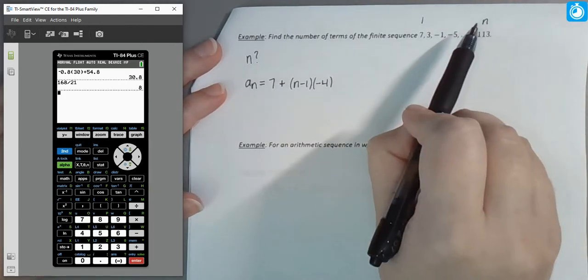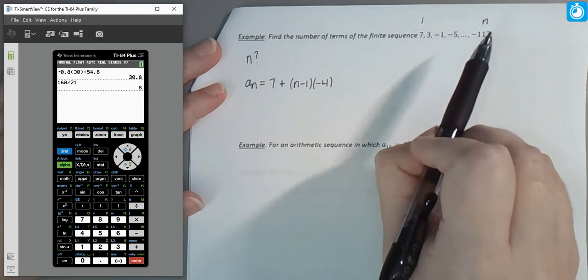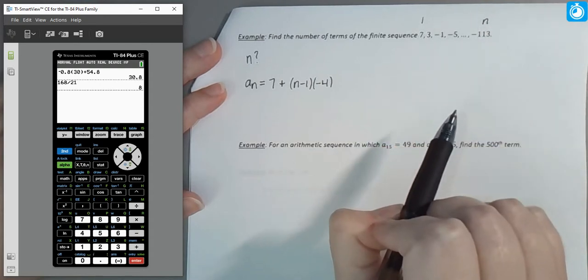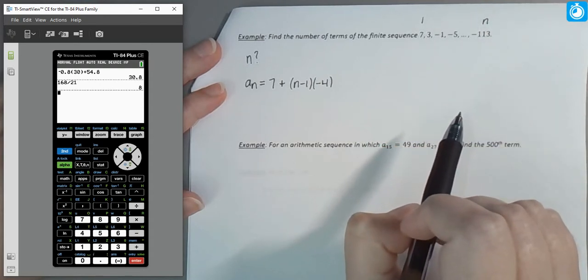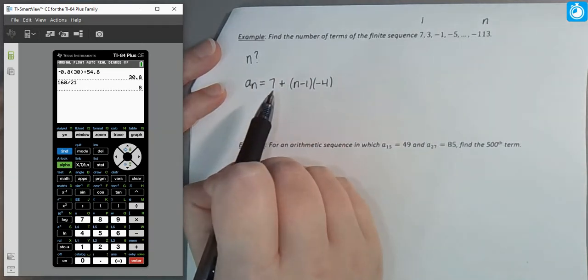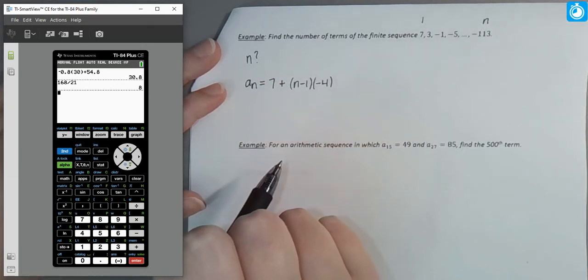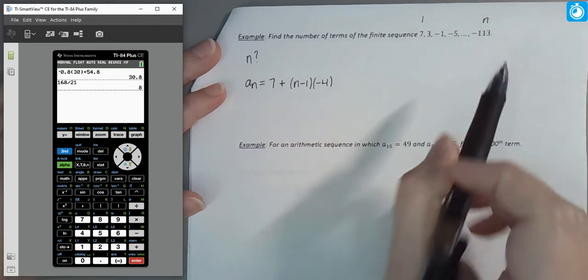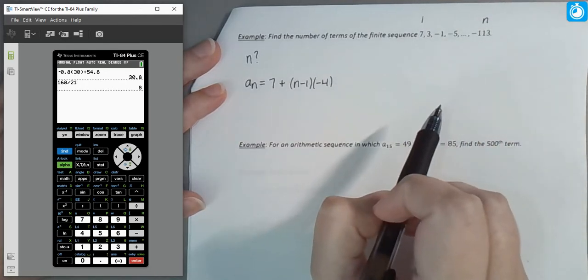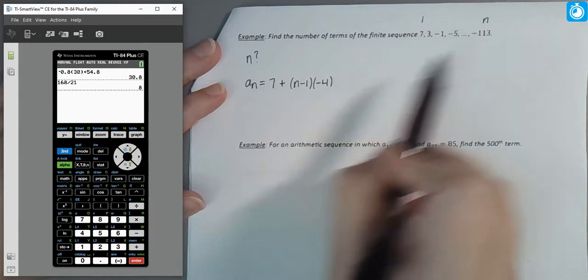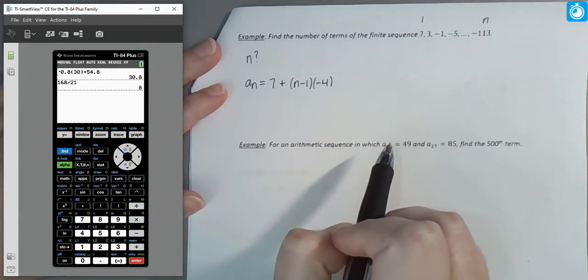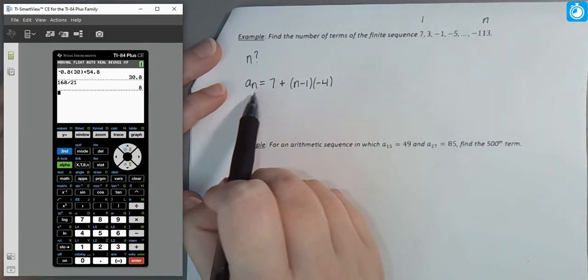So we want to know what is n in such a way that the nth term is going to be negative 113. In other words, if the formula for our sequence evaluates to negative 113, if the term is negative 113, well, what's the associated term number?